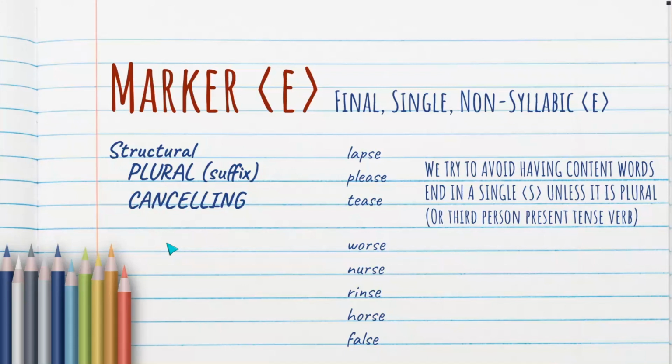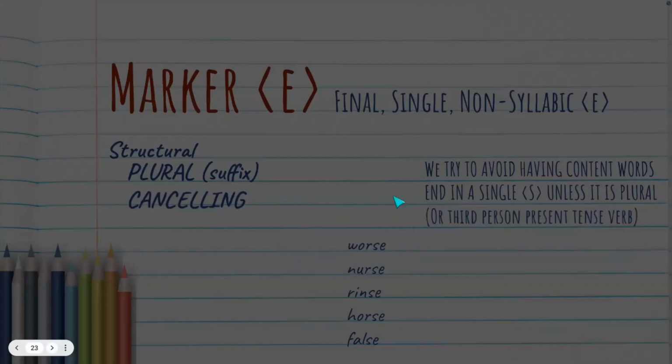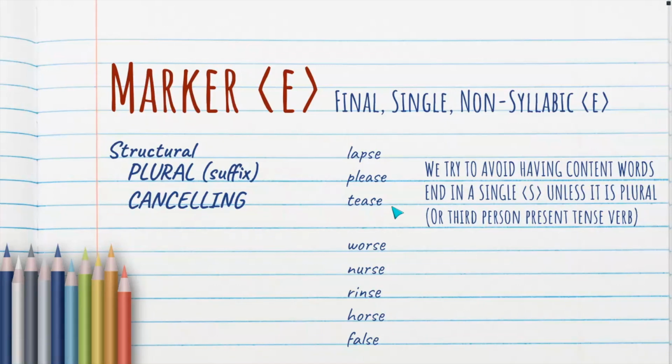So the difference between T's, as in T-E-A-S, more than one kind of tea, versus T's with an E on the end. So I know we're not talking about more than one kind of tea, we're talking about something else.